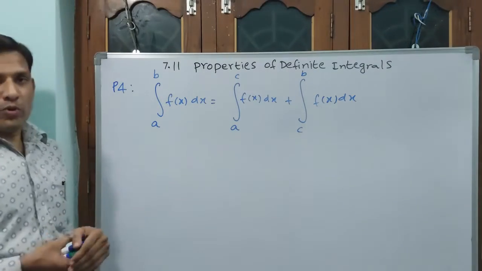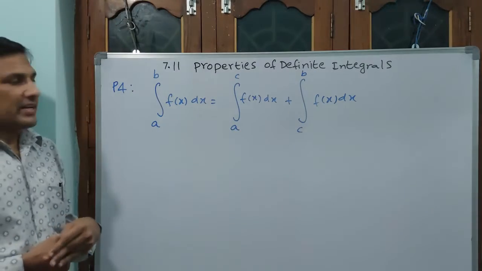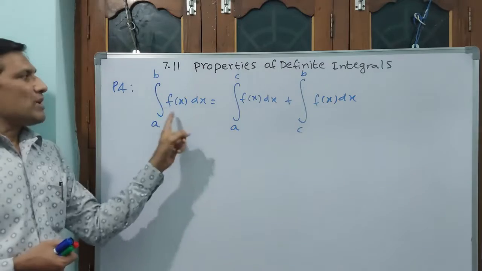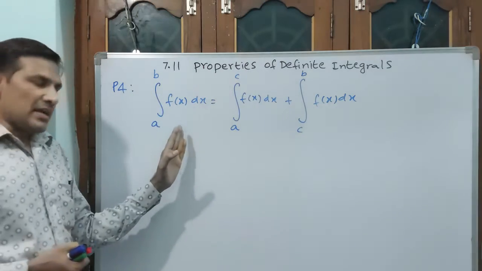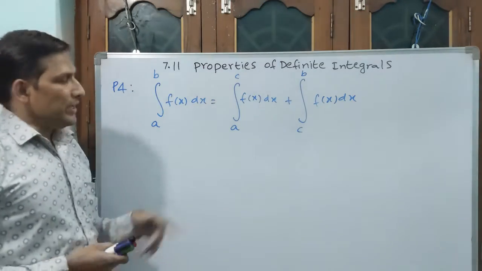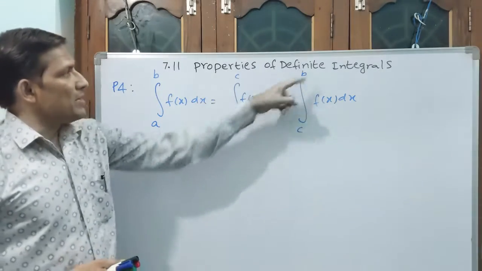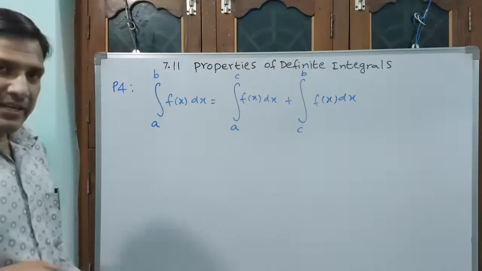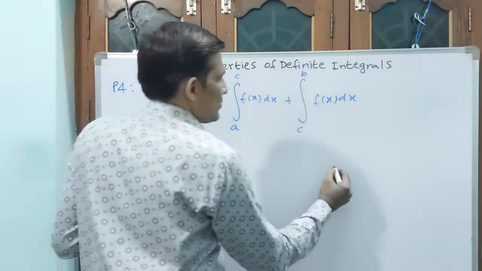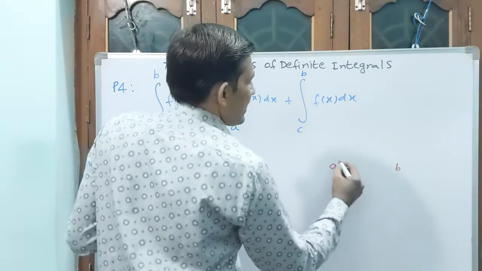See, the fourth property of the definite integral. Integral a to b of f of x dx is on the LHS. On the RHS, you see, rather than a to b, a to c is there, and again c to b is there. That means you can consider the interval like this. Here a is there, here b is there, a closed interval.